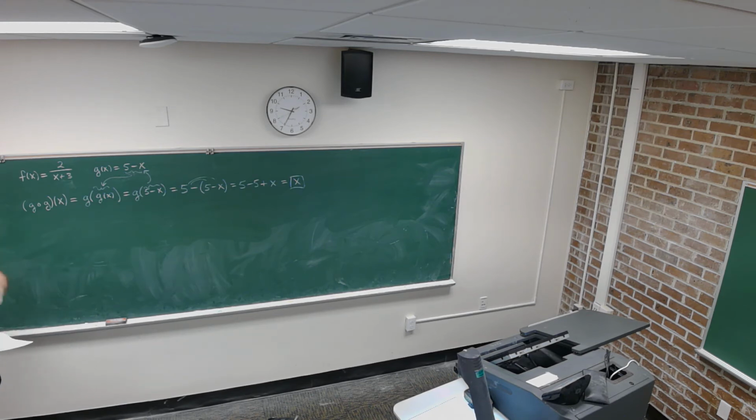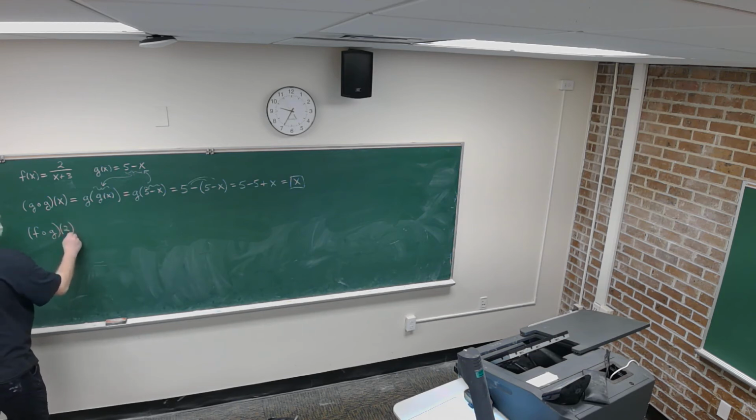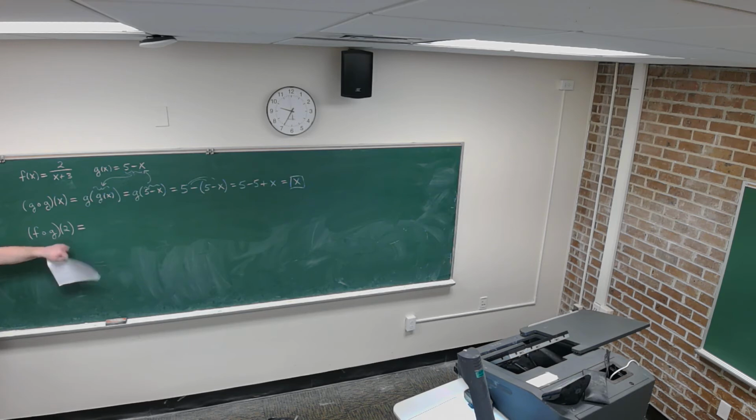Okay. Any questions on this thus far? In E, we're going to take the composite of f with g and evaluate it at x equals 2. Okay. So we're evaluating the composite function at a specific value of x.